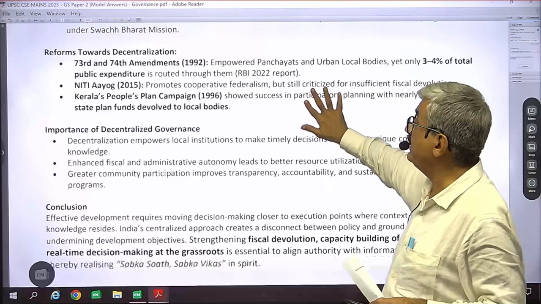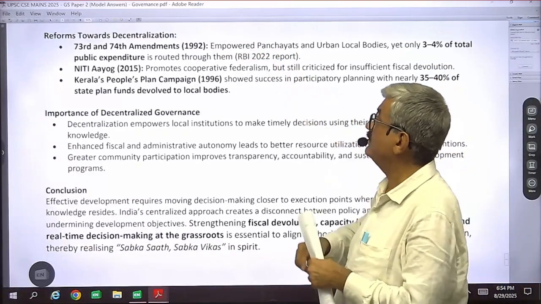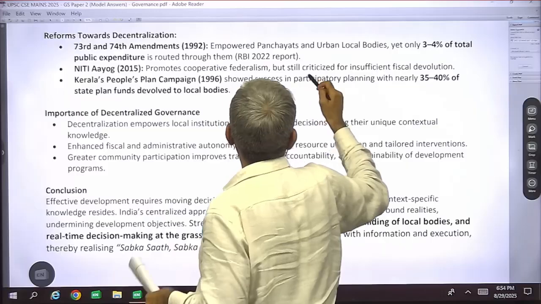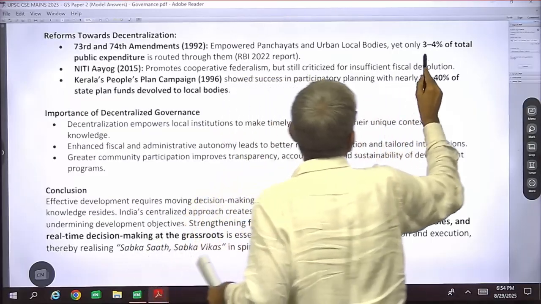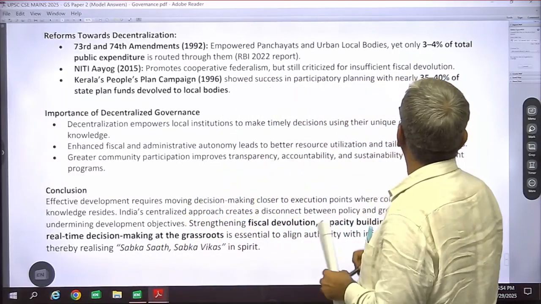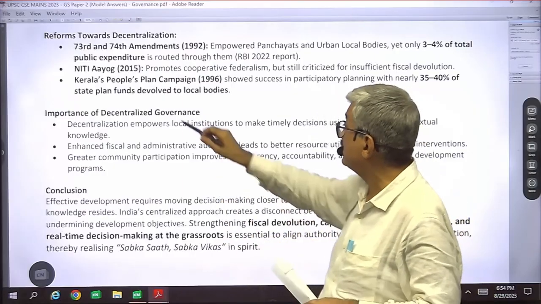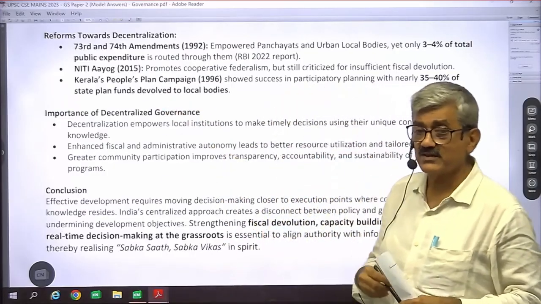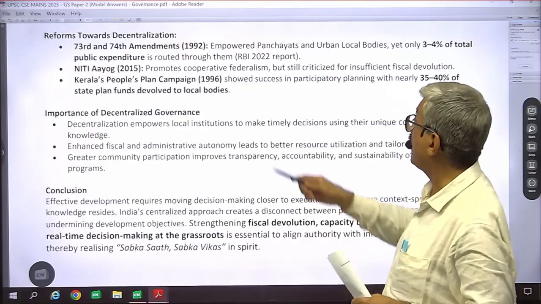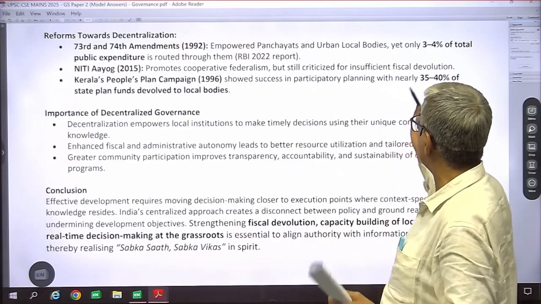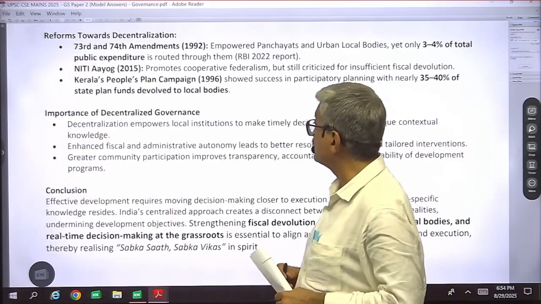So what efforts are we making? We have made the 73rd and 74th amendments. An RBI report says only 3 to 4% of total public expenditure is routed through the Panchayati Raj. NITI Aayog came into existence in 2015, and after that promotes cooperative federalism. Still a work in progress, it is criticized for insufficient fiscal devolution.